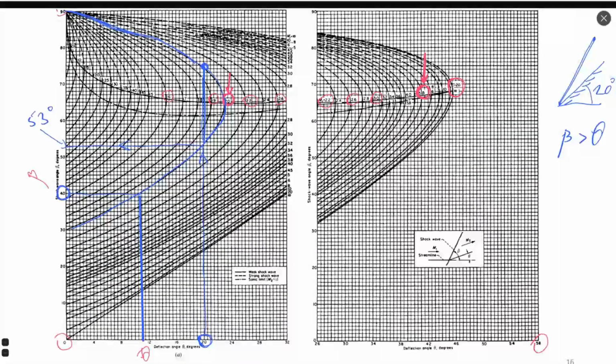We have Mach 5, so this curve here, and I need just to find our 15 degrees. 15 degrees is right here, this point. So I have approximately 24. I will use 24 degrees for beta.